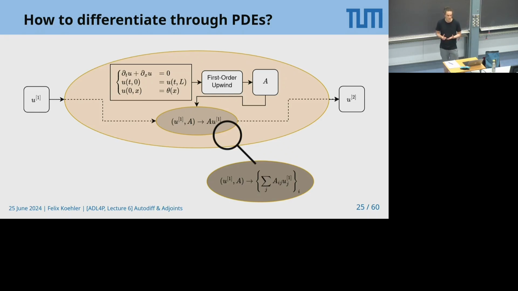If that is the case and you apply Autodiff to this, then the Autodiff engine might need to be informed how to backpropagate your cotangent or propagate your tangent information over that. And so you might have to do automatic differentiation on the highest level, on this PDE level. But you also know that at some point we have to solve PDEs on a computer. So we could, for instance, implement a first-order upwind method for the advection equation. And these finite difference schemes can be expressed in terms of matrices.